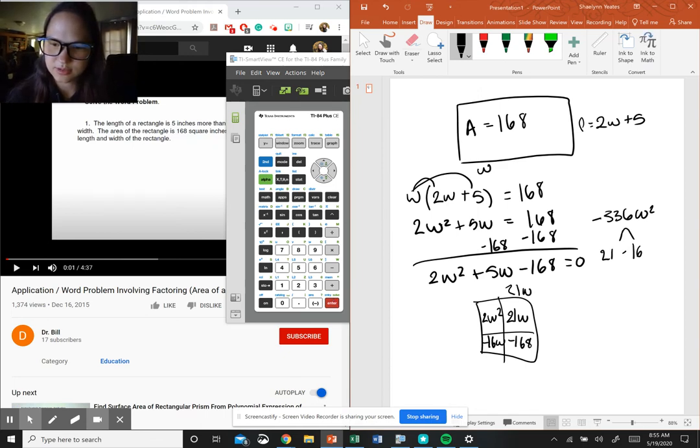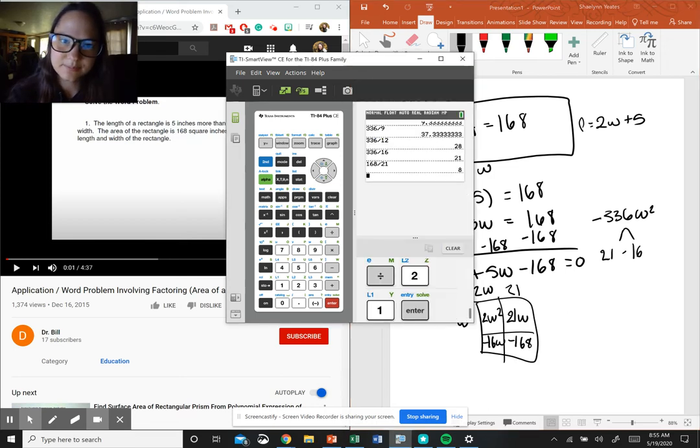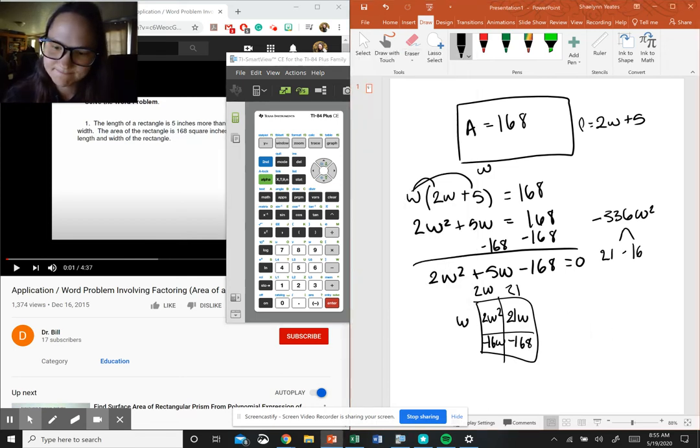Nope, not w, because 168 doesn't have a w. Then right here, 2w squared, negative 16w, that's going to pull out a 2w. Right here is just going to pull a w, because 2 and 21 have no common factors. Negative 16 and negative 168, it should be 8. Ooh, almost missed that. This is negative, so this is negative 8.